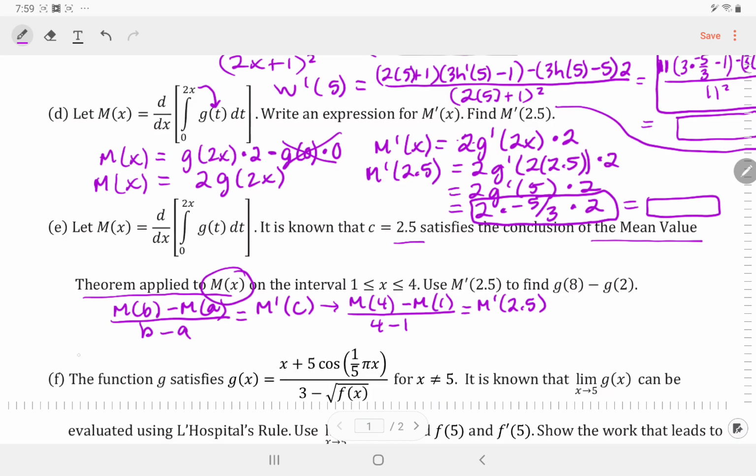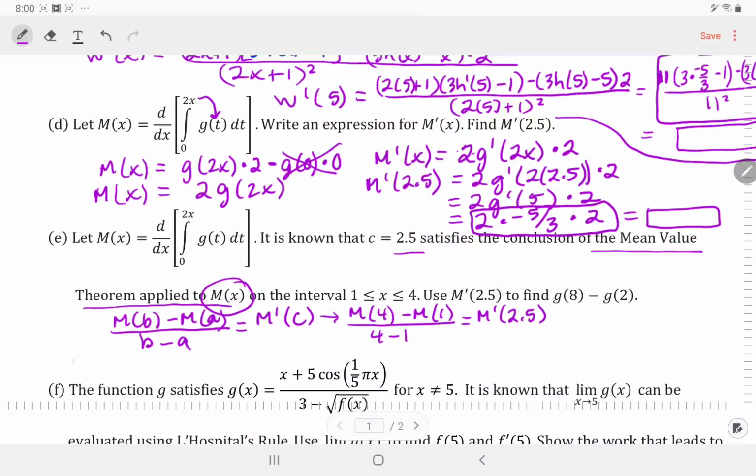I'll write this over here. Let me write M of x in this section so they could see it. So M of x is 2g of 2x. So that means M of 4 is 2g of 2 times 4, and M of 1 is 2g of 2 times 1.